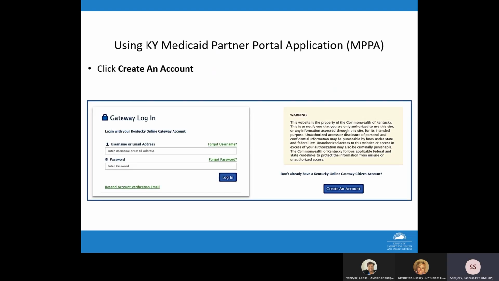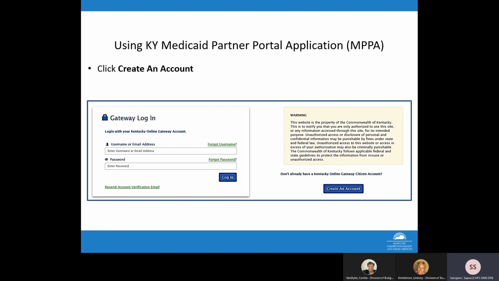To begin with, all users will have to create an account in the Kentucky Online Gateway portal. Prior to the account being set up, there are a few steps that the user will need to take to remotely identify themselves.